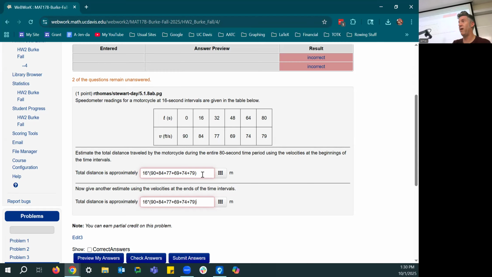If I submit this right now, the first one's definitely going to be wrong. The first time interval should be 16 times 90. The second one from 16 to 32 is going to be 16 times 84. And the very last one from 64 to 80 should be 16 times 74, the time interval of 16 seconds multiplied by the velocity, 74 feet per second. I don't want that last one there.